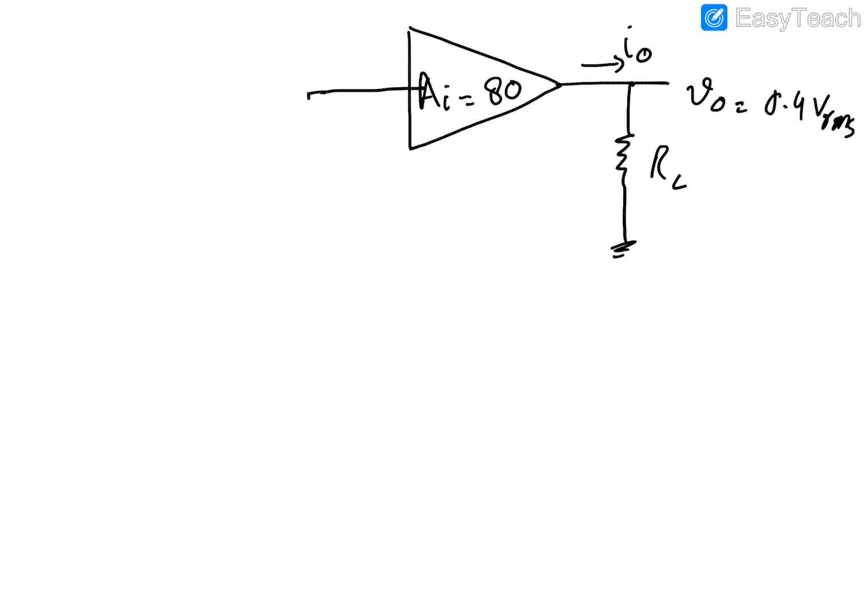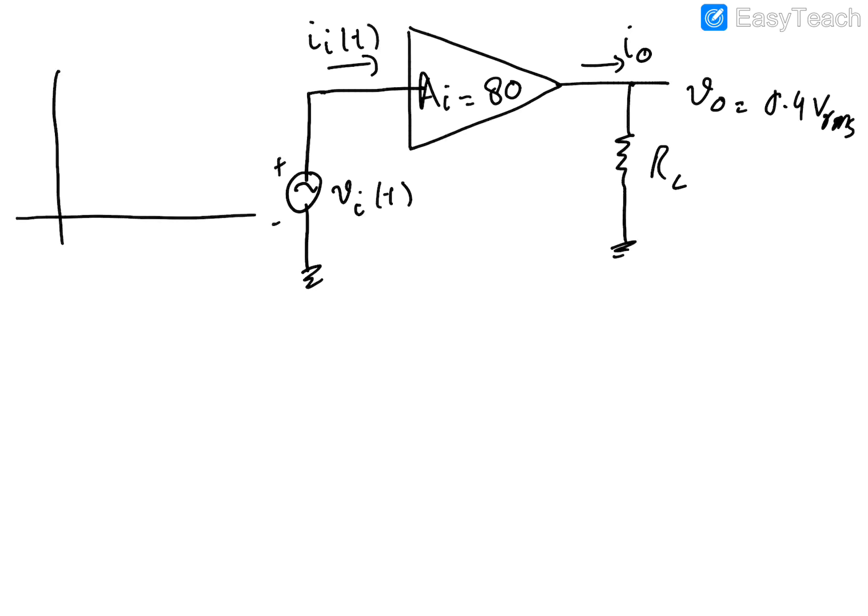At the input side we have VIT, the AC voltage, and input current. The input voltage is basically a combination of a DC bias voltage on which an AC is superimposed.